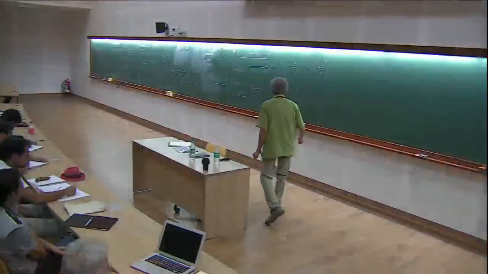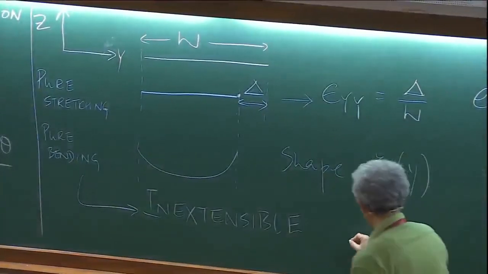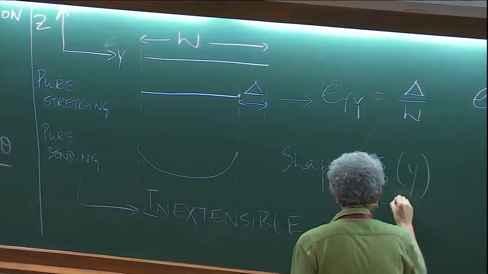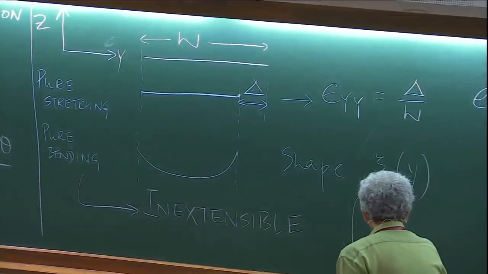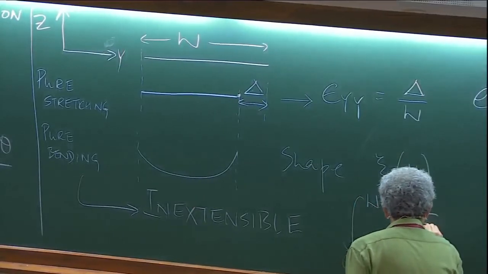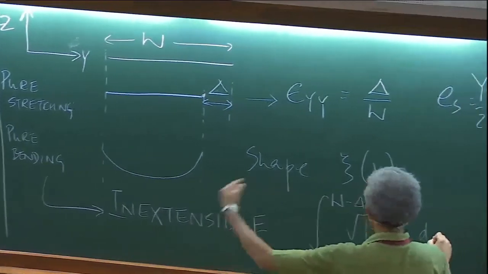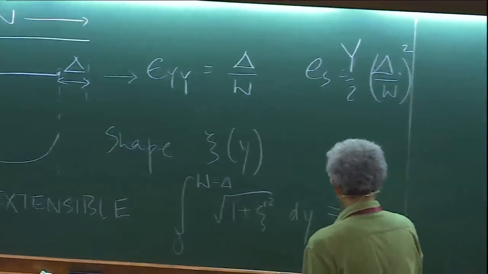But what you want here is the following: when you integrate from 0 over its length, that is, if I follow this contour, the integral of the length element equals the original length w.